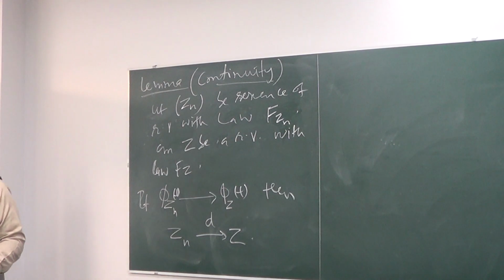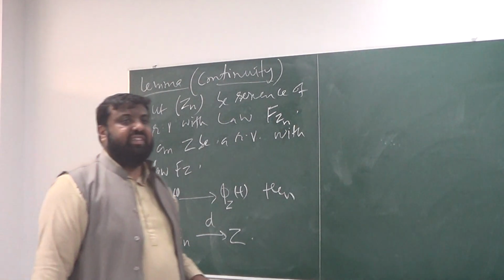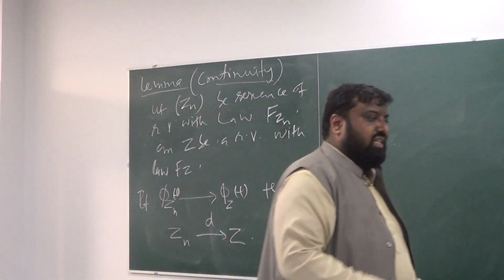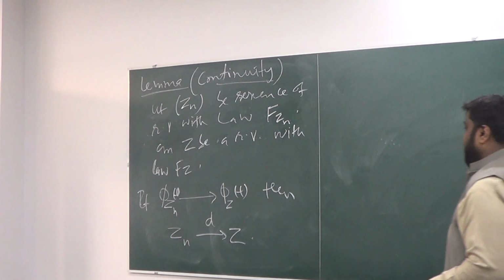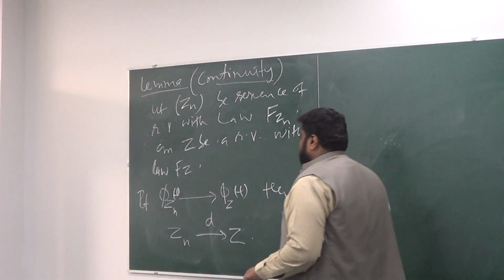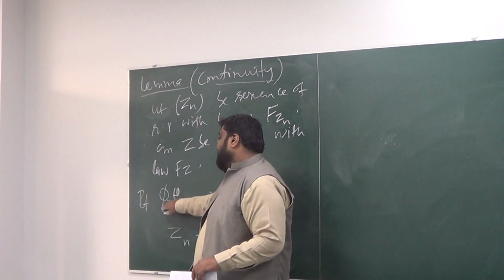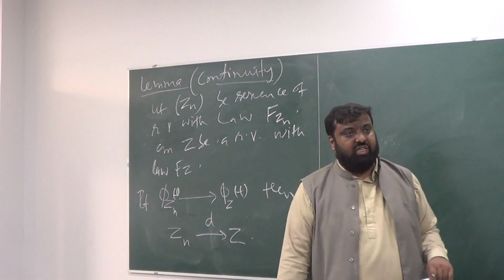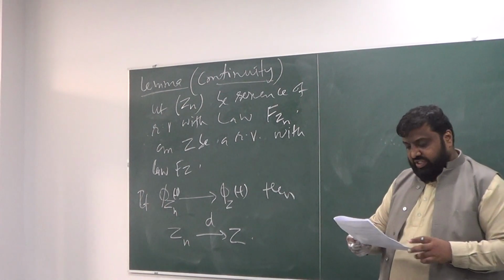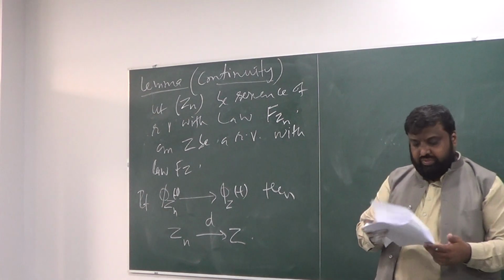So it's a sufficient condition to prove that Zn converges in distribution to Z. What you only need to show is that the moment generating functions of the sequence are converging. Does it make any sense?